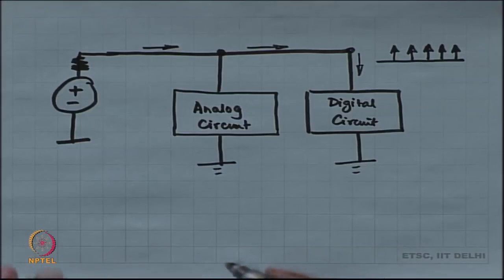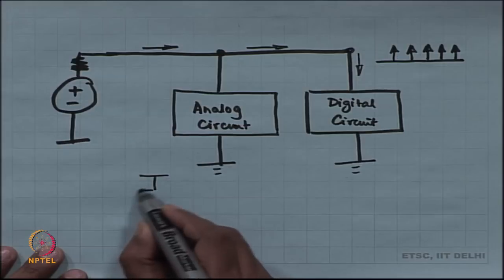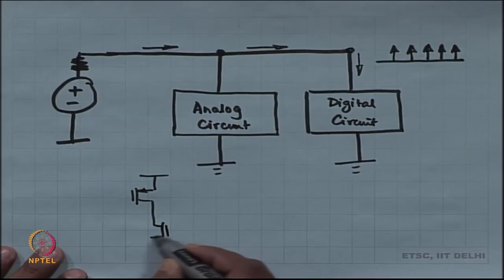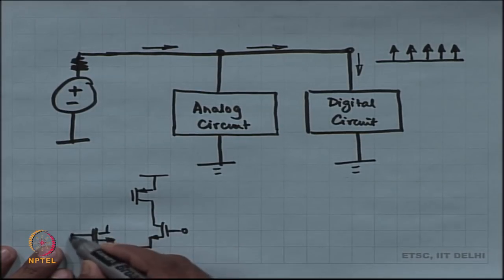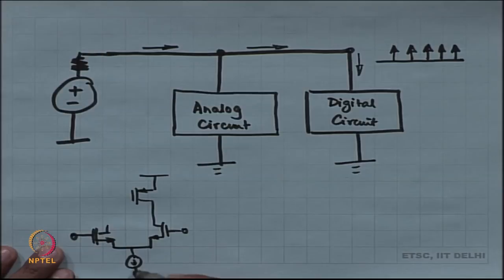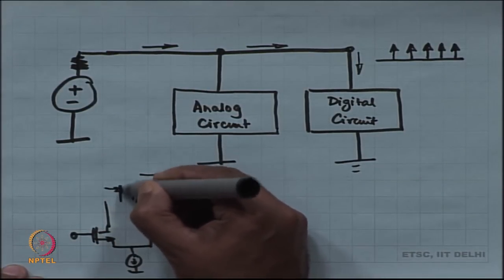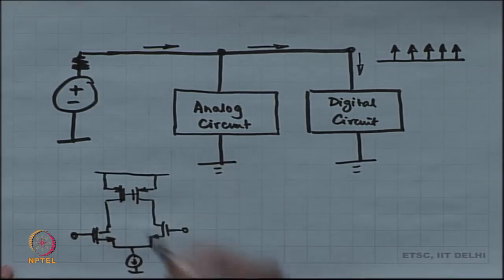So, imagine your analog circuit, suppose it is some differential amplifier. Actually, differential amplifier is a very good example. If it is not a differential amplifier, the outcome is going to be very harsh. Okay.